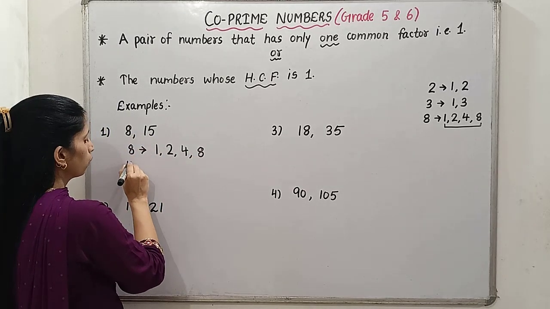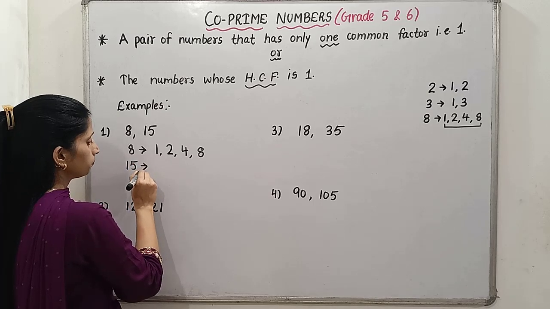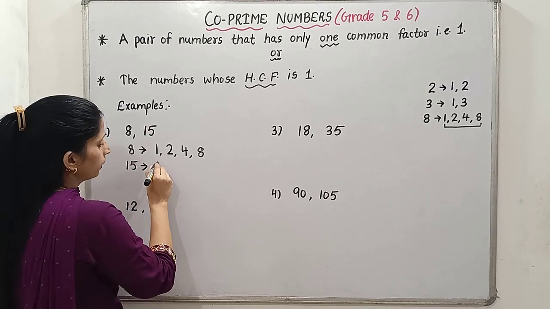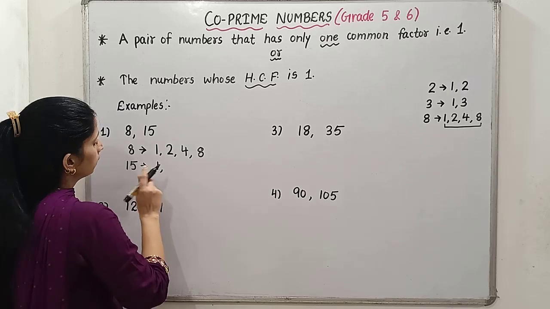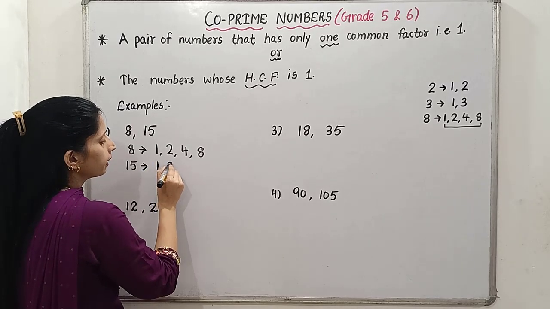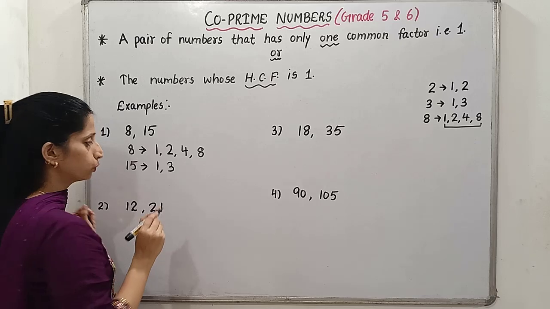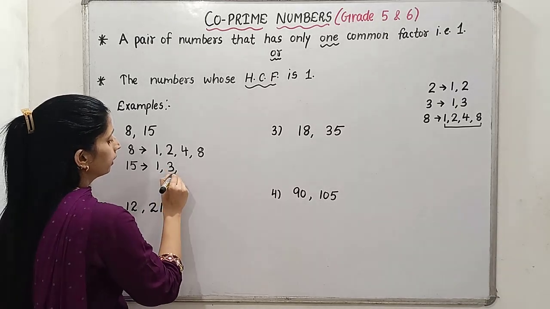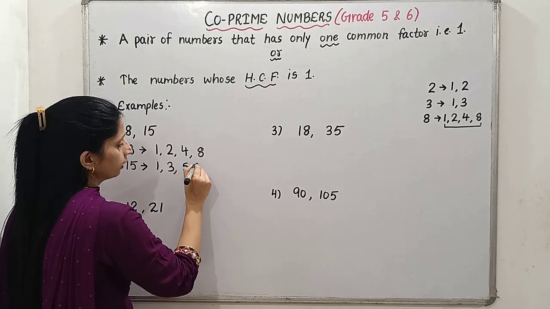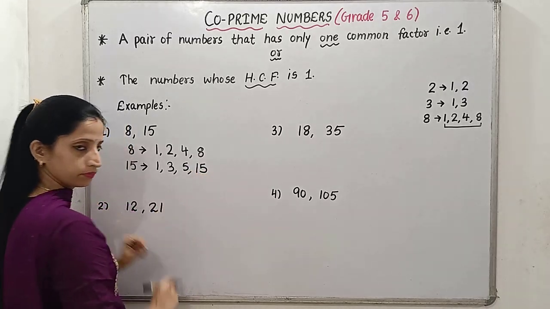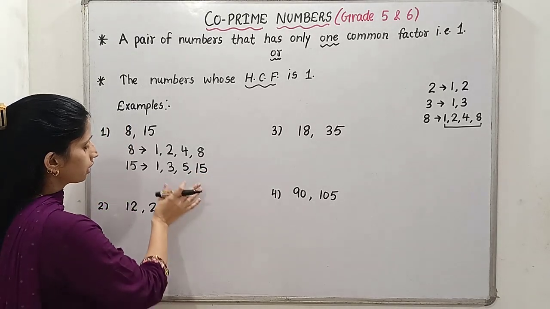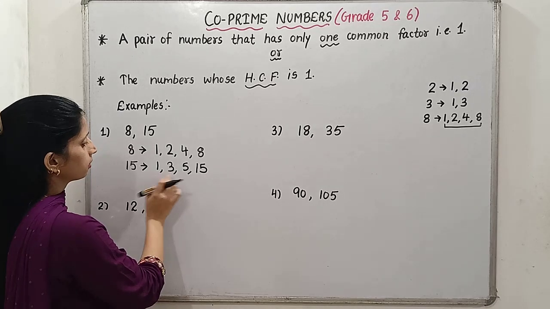Now moving on to the next number, 15. Again 1 will be a factor of every number. Then 15 will be divisible by 3, not by 2. Then 5 and the number itself, 15. Now let's look for the common factors.